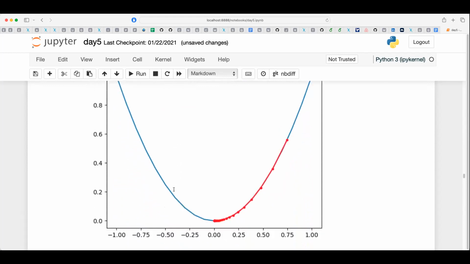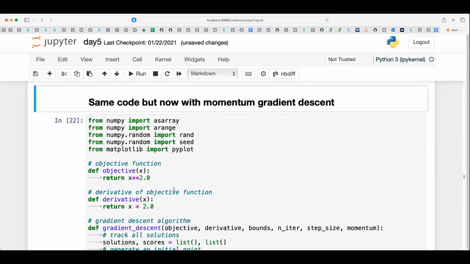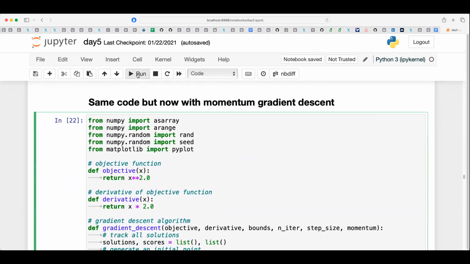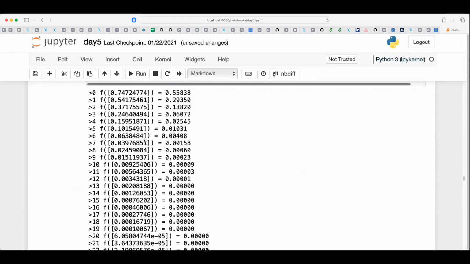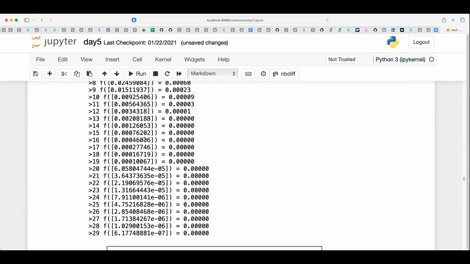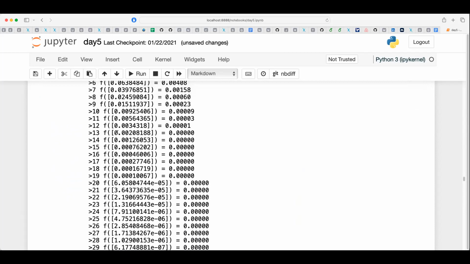Now I can repeat the same thing with just adding momentum. So the algorithm which I described, if I rerun it, you will now see that in my case here, after roughly 13 iterations, the function is 0. So this speeds up my calculations by a factor of 2.